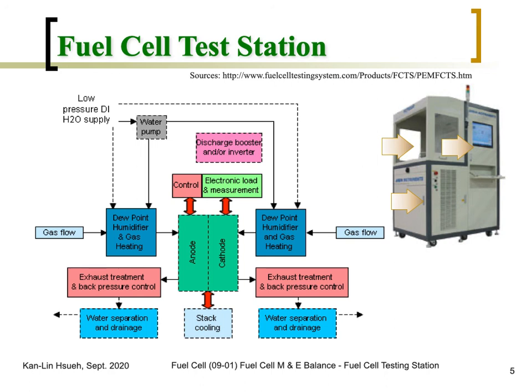This unit can test about a 12 kilowatt fuel cell stack and much higher PEM fuel cells. For a small single cell, there's another smaller test station we can talk about in the next unit.